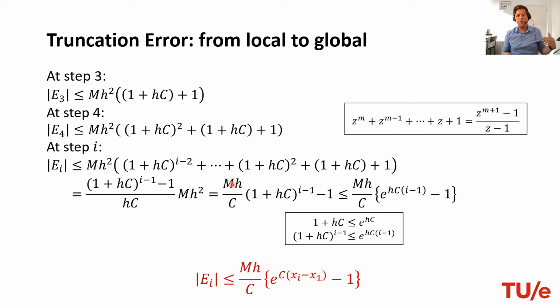We kind of lose this second order behavior, but return to first order in the end. Well, and then you can further manipulate this equation a little bit. Again, it's not very important, but the end outcome here is that in step i, we can give an upper bound to the truncation error in that step, which is proportional to h. So that is a first order behavior, and here we also have this exponential function in there.